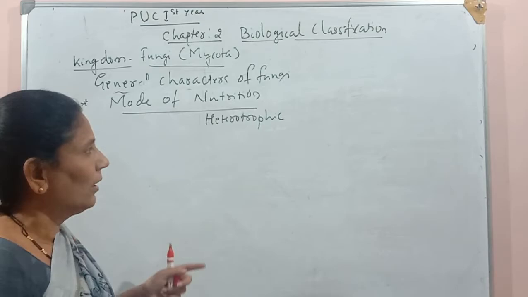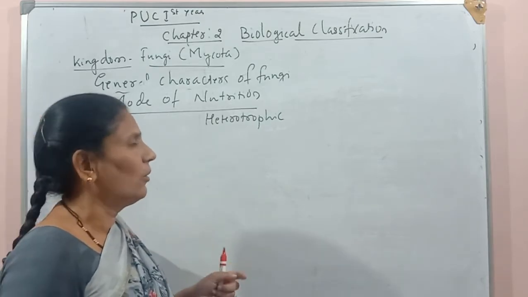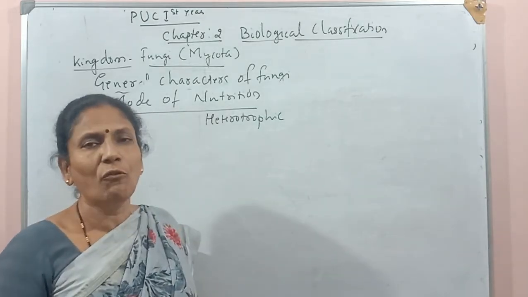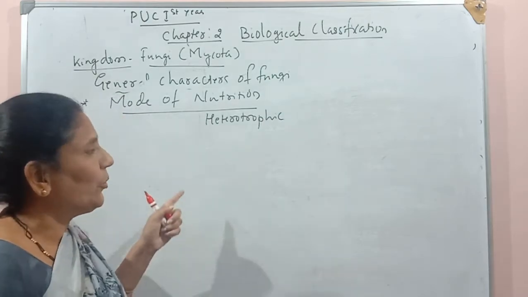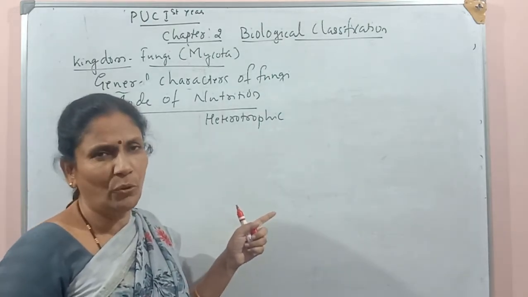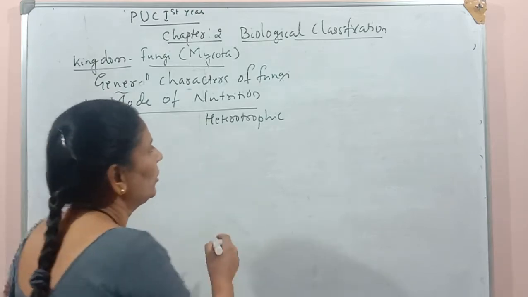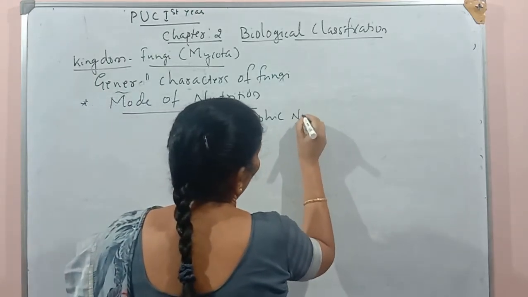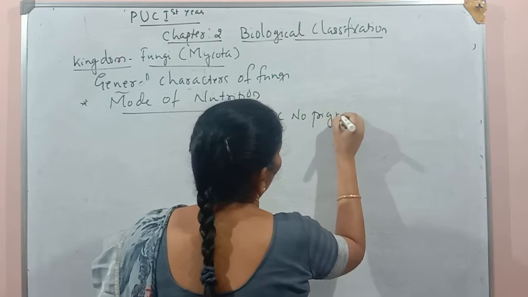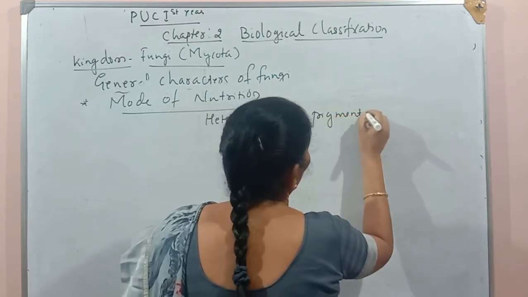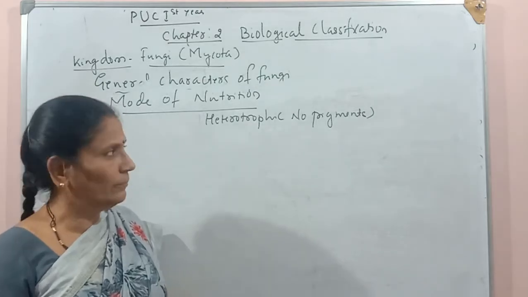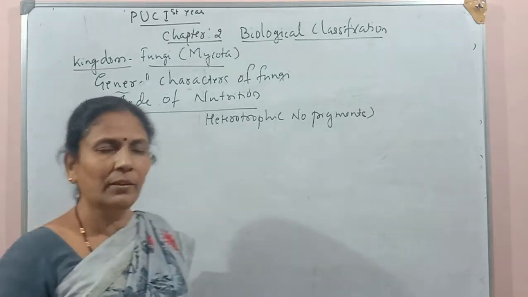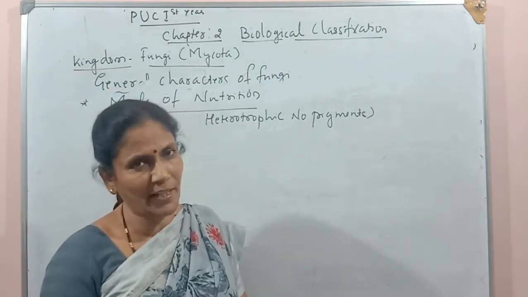Heterotrophic means they depend on another organism for their food because they do not have chlorophyll or any other pigments. That's why they are not able to do photosynthetic reaction for their food. They have to depend on another organism.